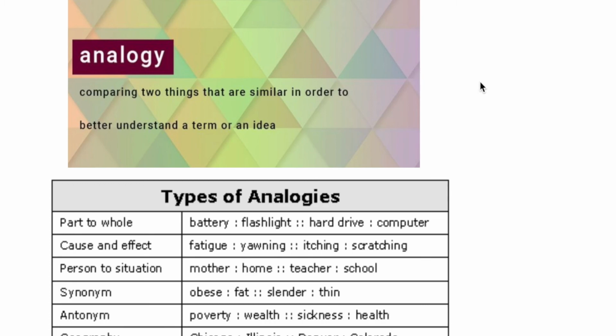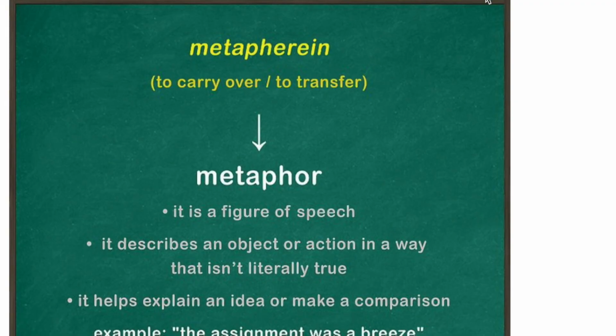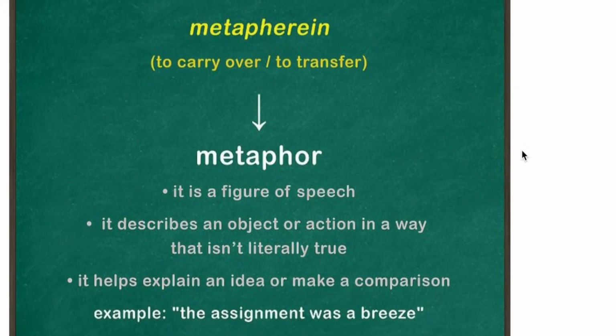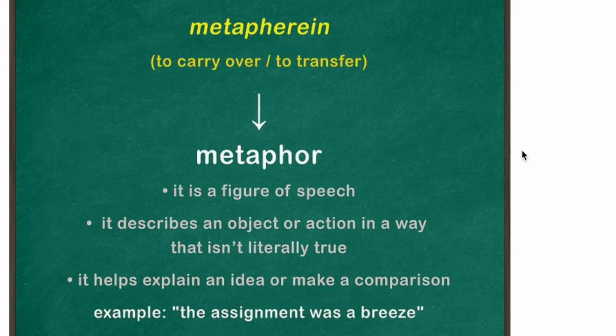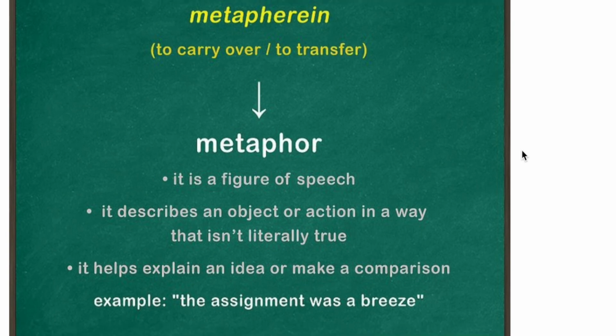The last one for similarities and differences would have to be metaphor. Okay, so from the word metapherein, it means to carry over or to transfer. As we know, simile, metaphor, as it is a figure of speech. Okay, what it does is it describes an object or action in a way that it's not literally true.